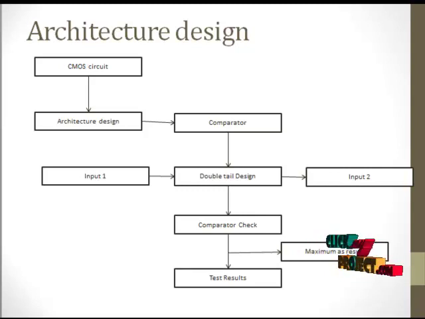Finally, we are getting the compared result. By the compared result, we are analyzing the performance of the comparator through the speed and throughput, gain, delay time and power consumption. In many such ways, we are discussing the product.